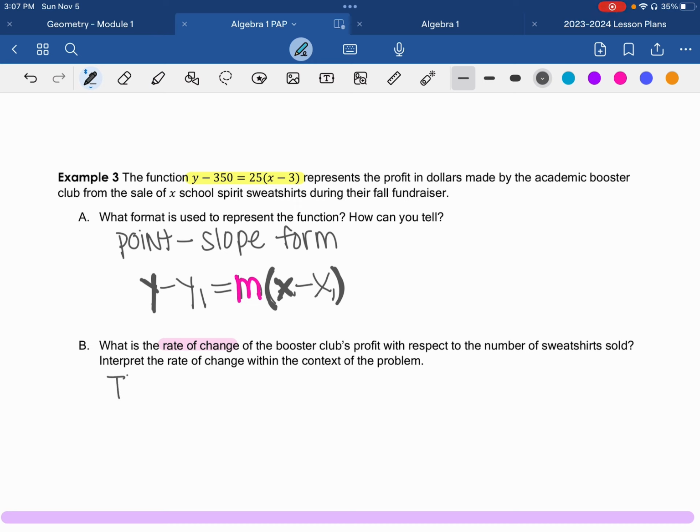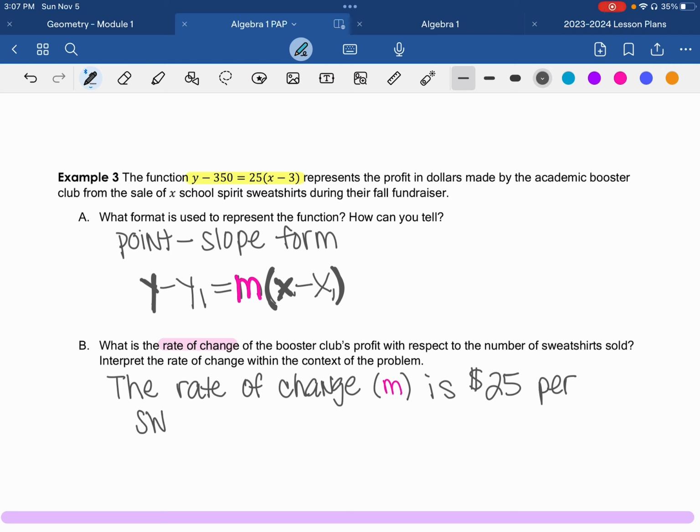So I could say the rate of change, which is m, my slope, is $25. And with respect to this, per sweatshirt, and that's just interpreting the problem.